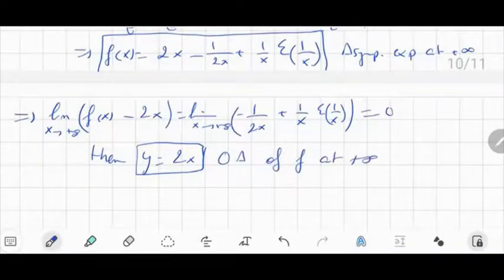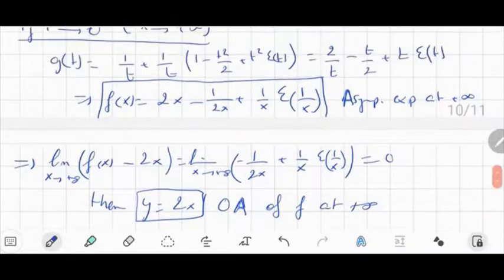So you don't need to write this each time, but I'm writing it here to clarify the idea. What you need to know is that when you calculate this asymptotic expansion in the neighborhood of plus infinity, the constant term plus the term in x, here the constant term is 0, so you have 0 plus 2x, will give the equation of the oblique asymptote.